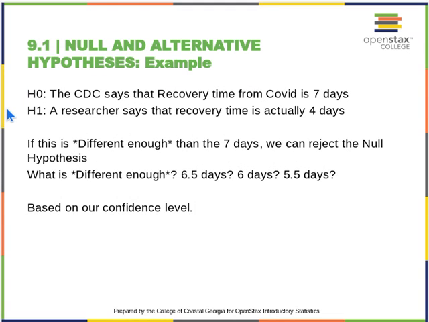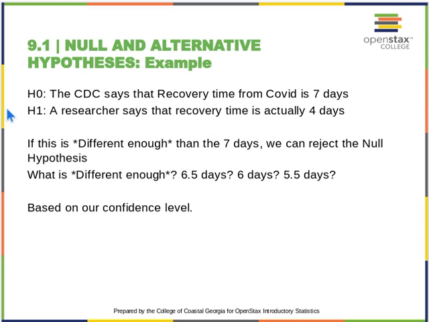As an example, just to put this into terms, consider COVID. The CDC says that recovery time from COVID is 7 days. These numbers are all made up. And the alternative hypothesis, remember this would be an x̄, would be a researcher that says recovery time is actually 4 days.